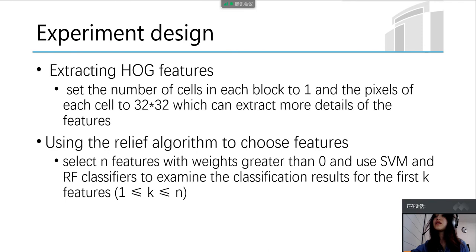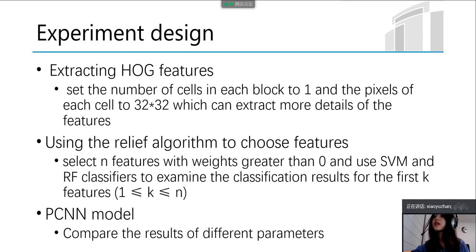When using the Relief algorithm to choose features, we select n features with weights greater than 0 and use SVM and RF classifiers to examine the classification results for the first key features, where the value of key is between 1 and n. The PCNN model will compare the results of different parameters.